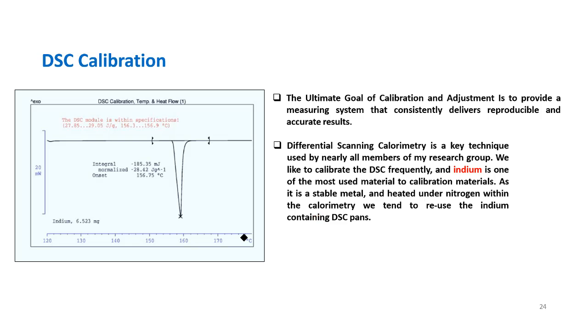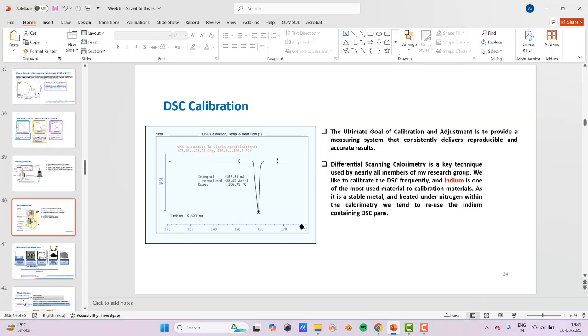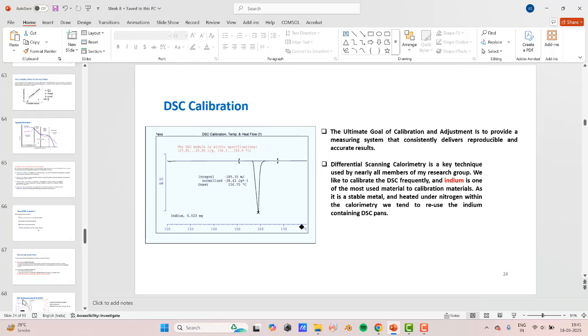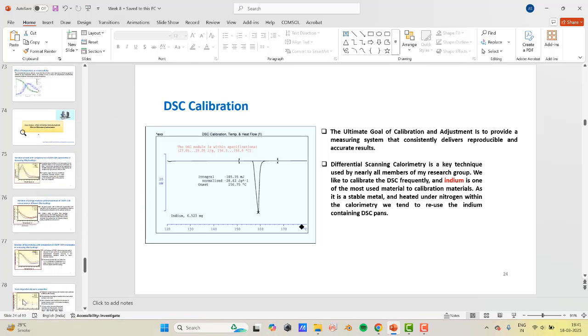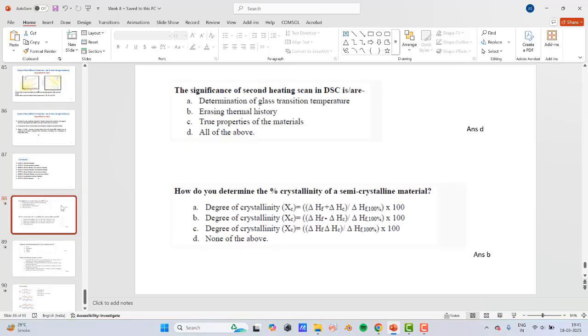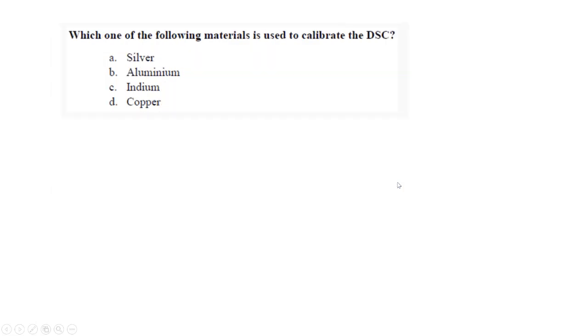So I hope now it is clear why we use indium for the calibration of DSC. One of the key points is that it is very stable in nature. So the answer is C.